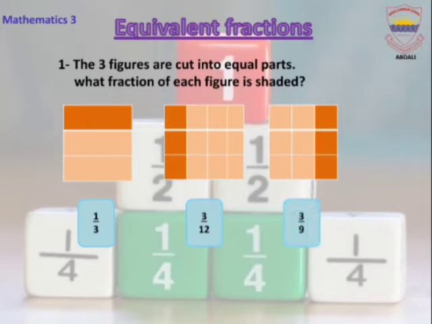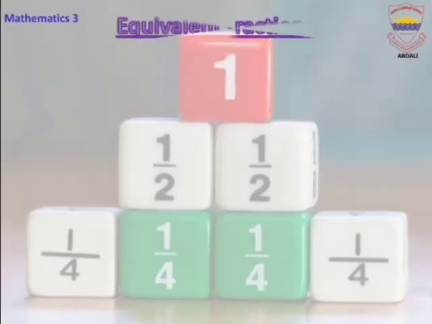So we write 3 in the numerator place and the total number of parts in this figure is 9, so we write 9 in the denominator place. Its fraction is 3/9.